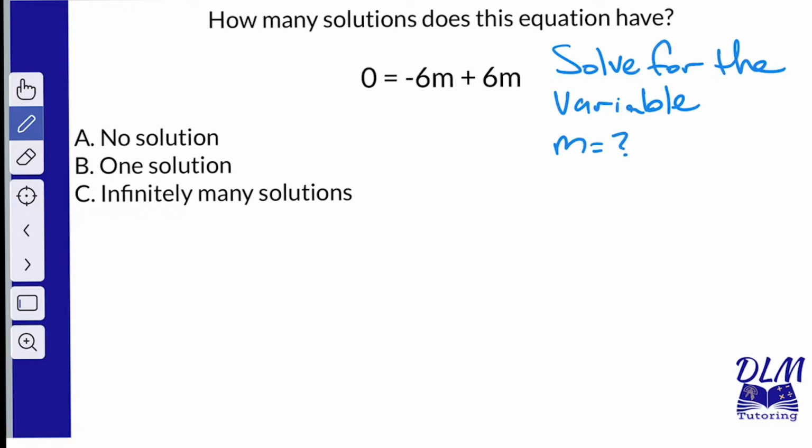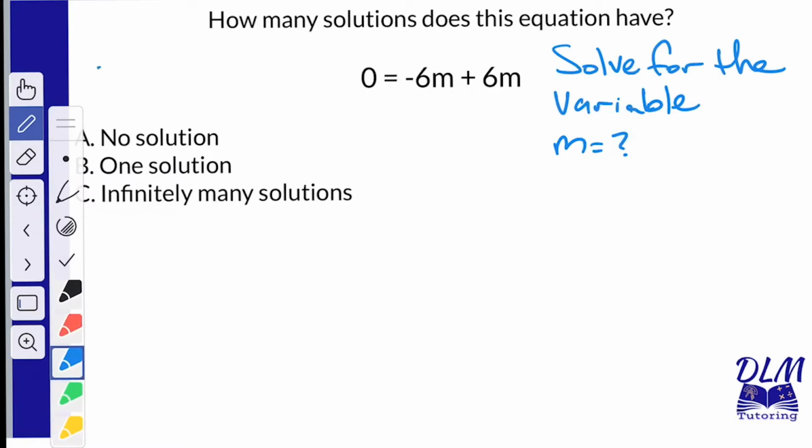So I want to find out what m is equal to. Now, if I'm paying attention, I notice that negative 6m plus positive 6m are the same values, just on opposite ends of each other. So really, it's kind of like saying negative 1 plus 1 equals 0.